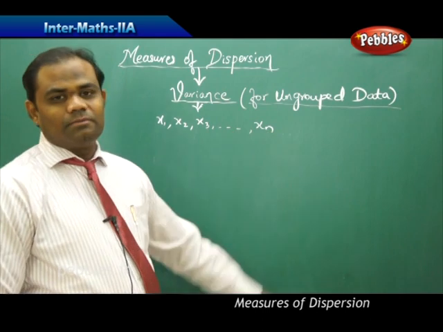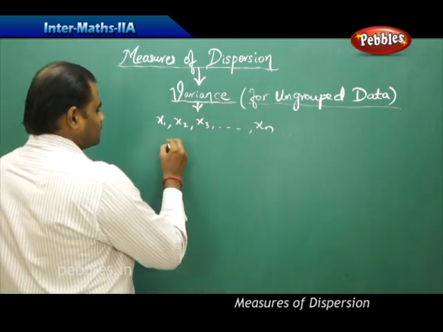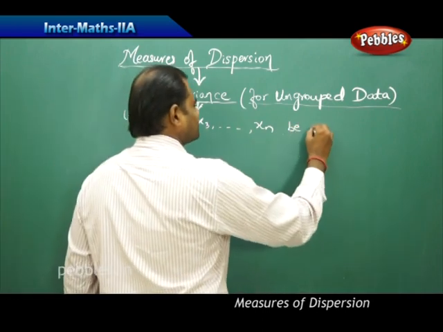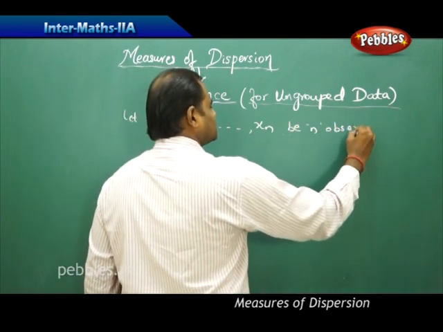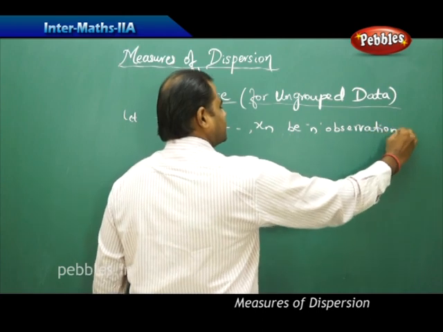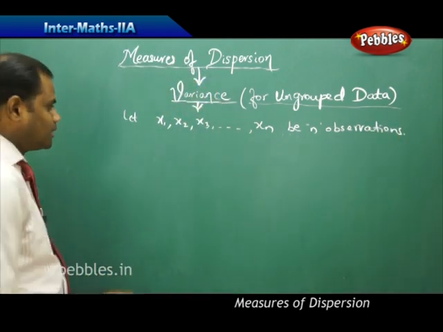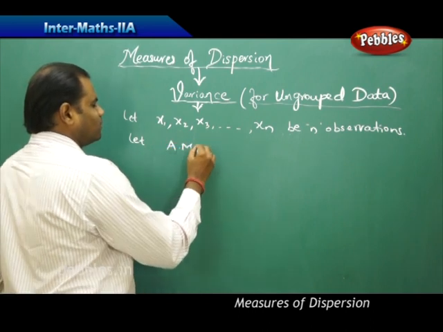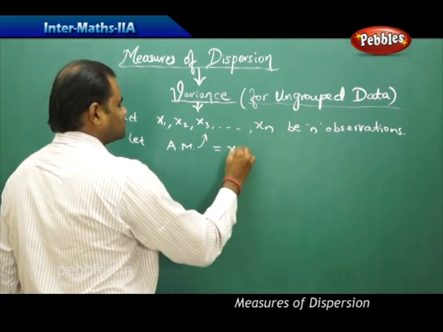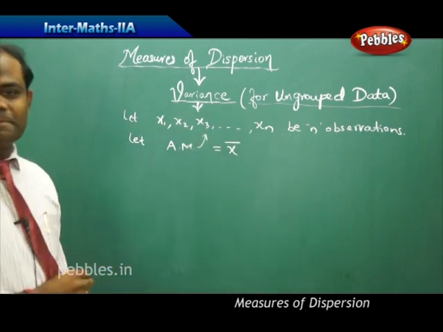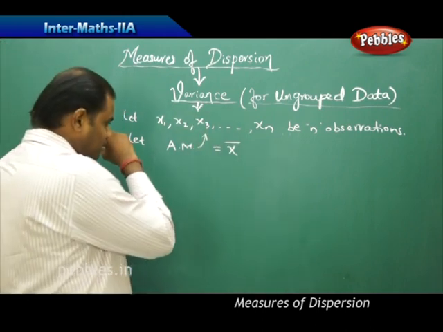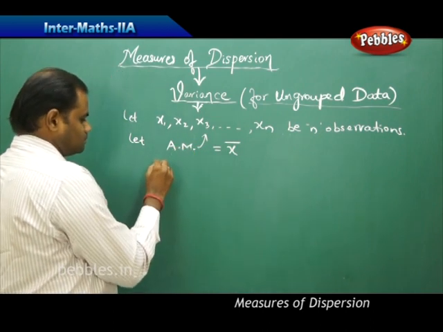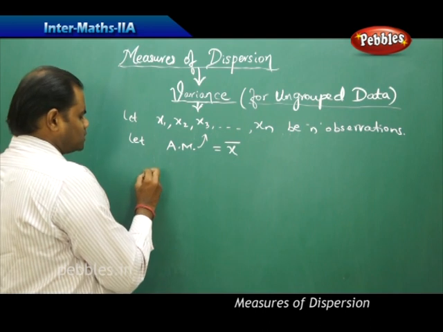So here there are n distinct observations or data which I have, and let the arithmetic mean of all these observations be denoted by x bar. Now with these two basic pieces of information, I consider the variance formula.